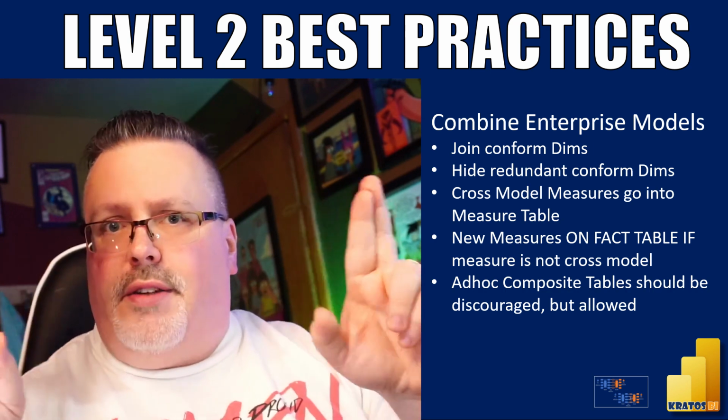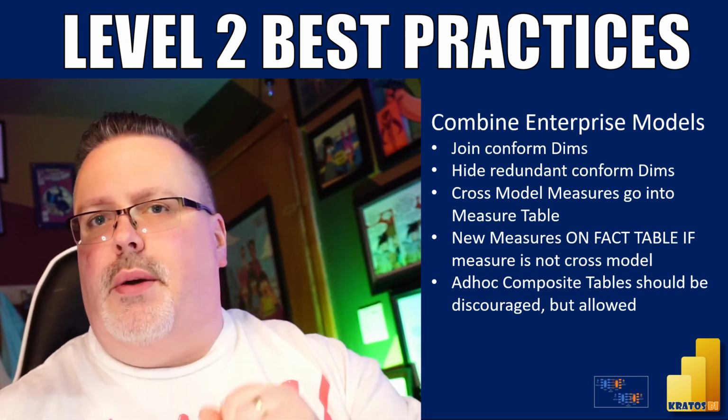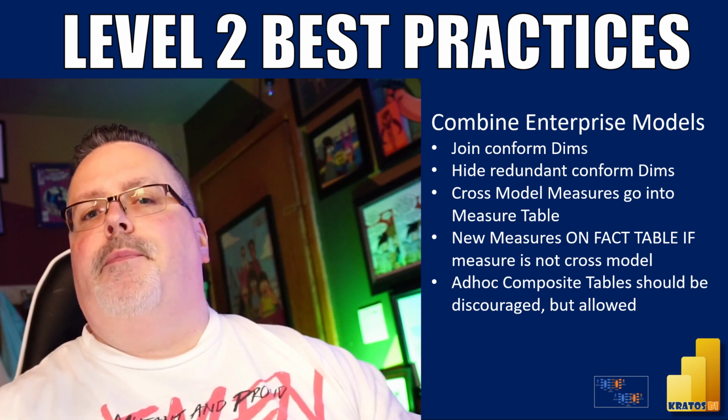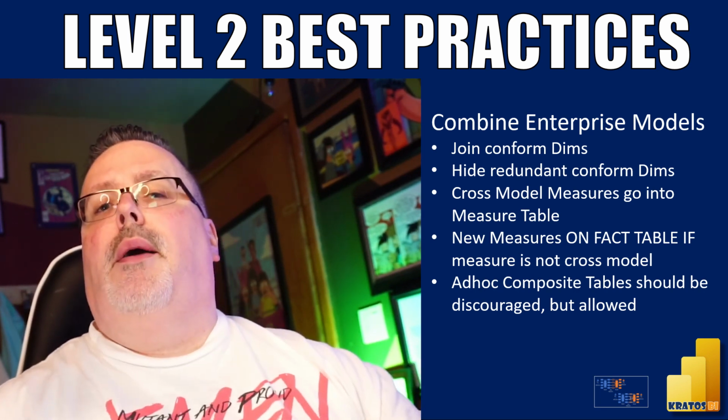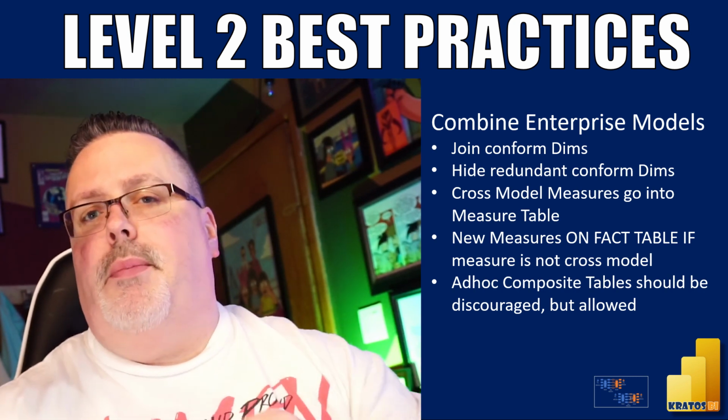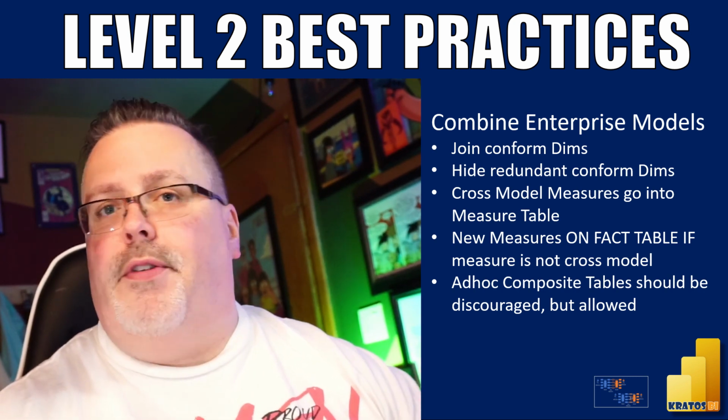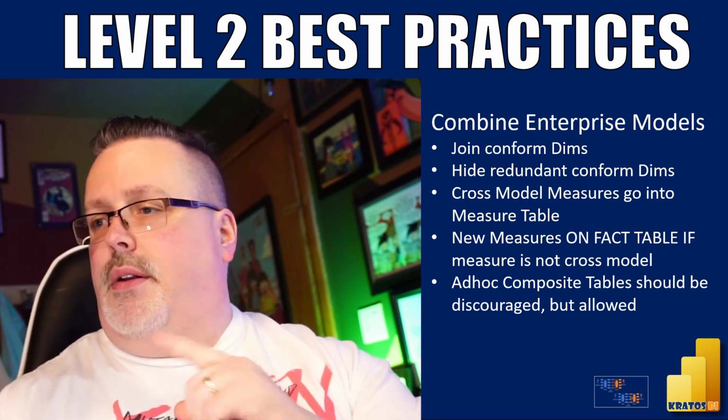But ideally, cross our fingers, the whole point of composite models is that we shouldn't have to do this. So tactically, you might have to merge them together and move them to level 1. But ideally, hopefully not, and we can get Microsoft to address any performance concerns that we run into. So that's my recommendation.